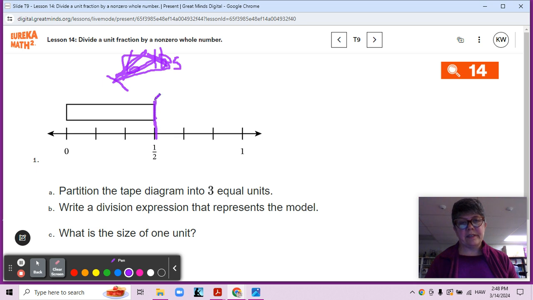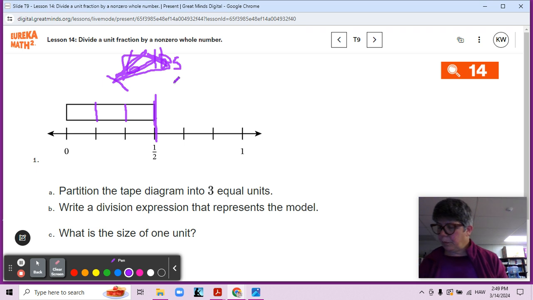And we know because it's lined up right here with our number line. Okay. And let's partition our tape diagram into 3 equal units, because we can see right here with our tape diagram and our number line that we are working on thirds of 1/2. Do you see that? Thirds of 1/2.